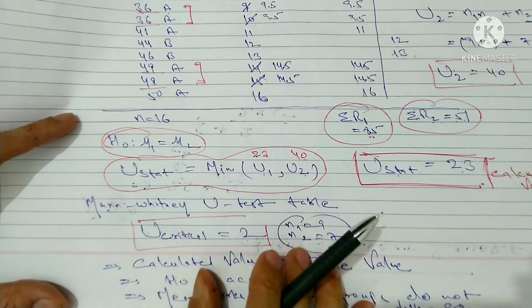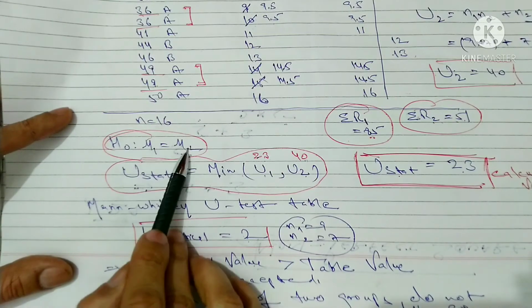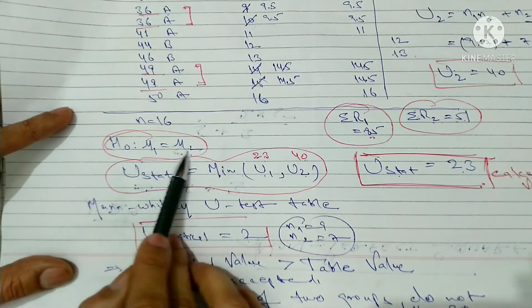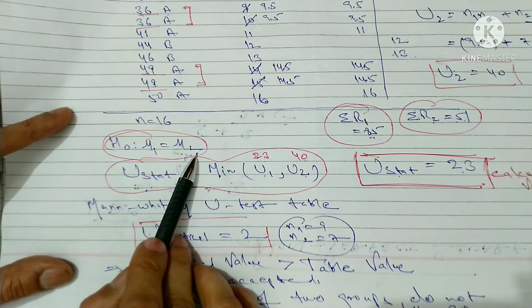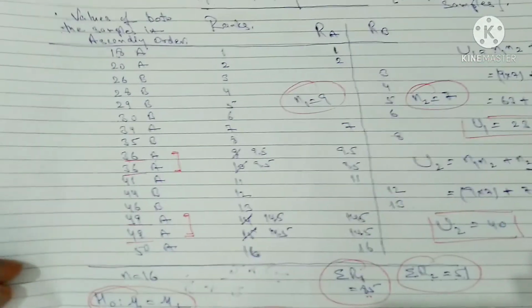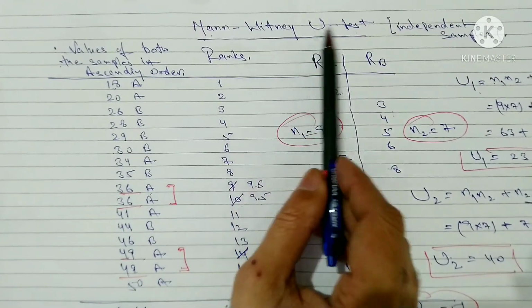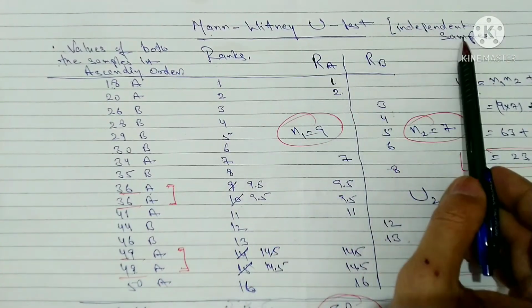Means H naught is accepted, meaning the mean marks of the two groups do not differ significantly. This is the result of hypothesis testing by the Mann-Whitney U test for independent samples.